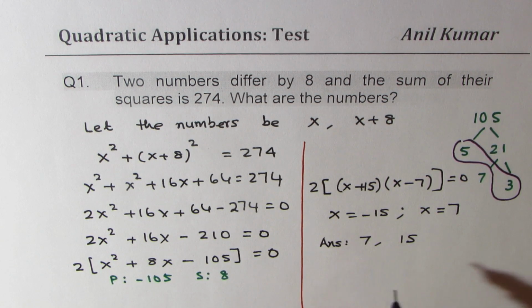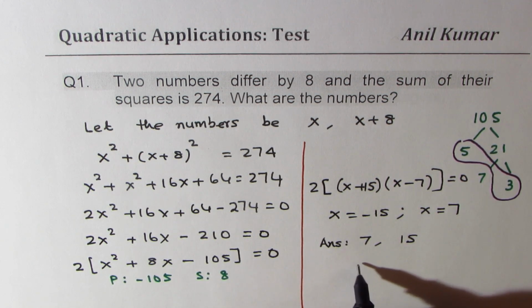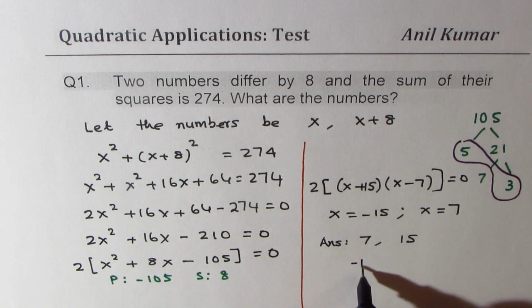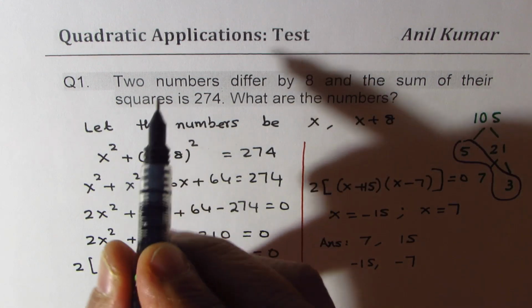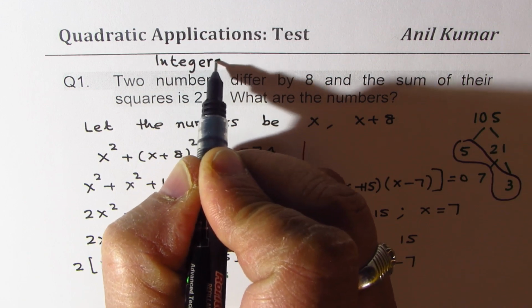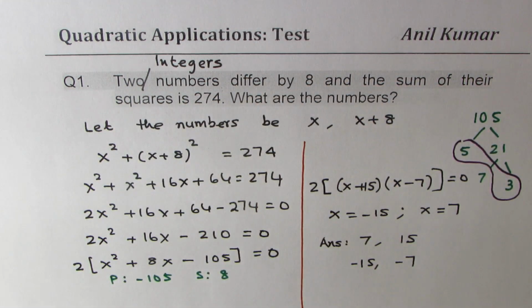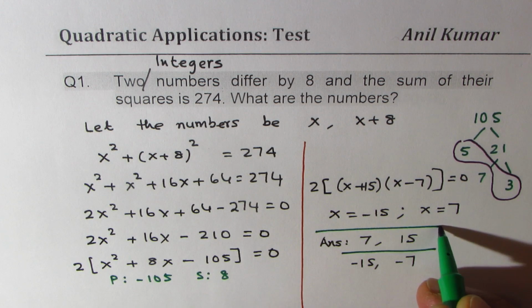The other one is also minus 7 and minus 15, right? If I take minus 15 as one of these combinations, then the other becomes minus 7. Sometimes we'll write integers here. So we are not very sure whether these are whole numbers or integers, so to be on the safe side, we'll provide both the solutions.